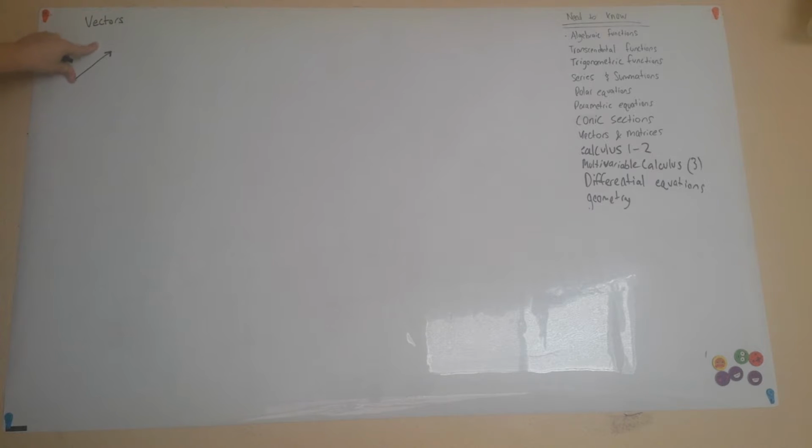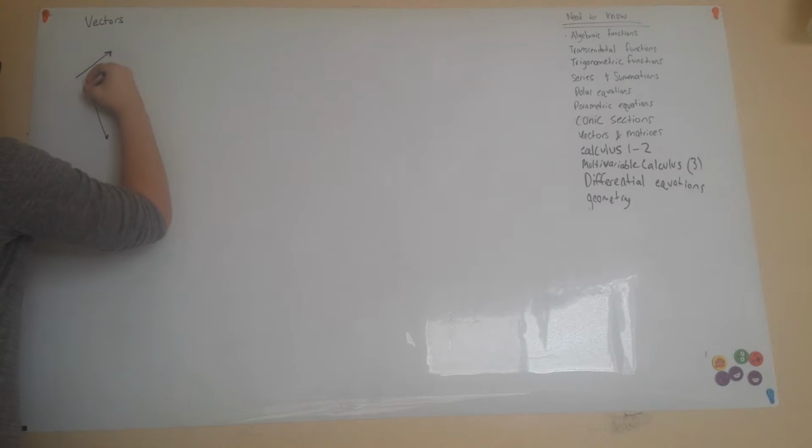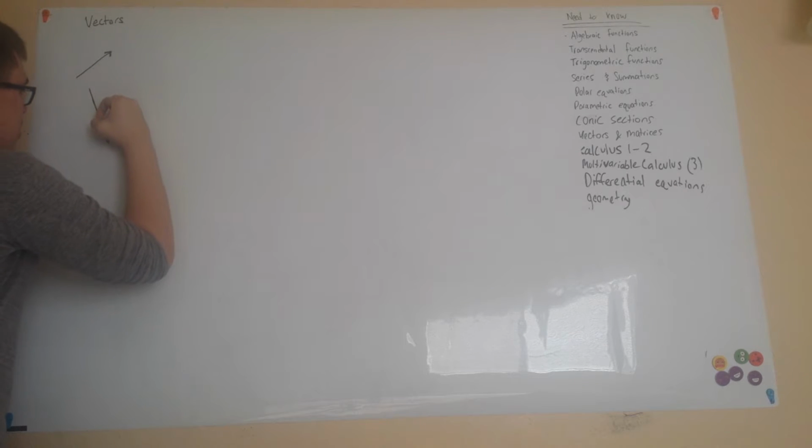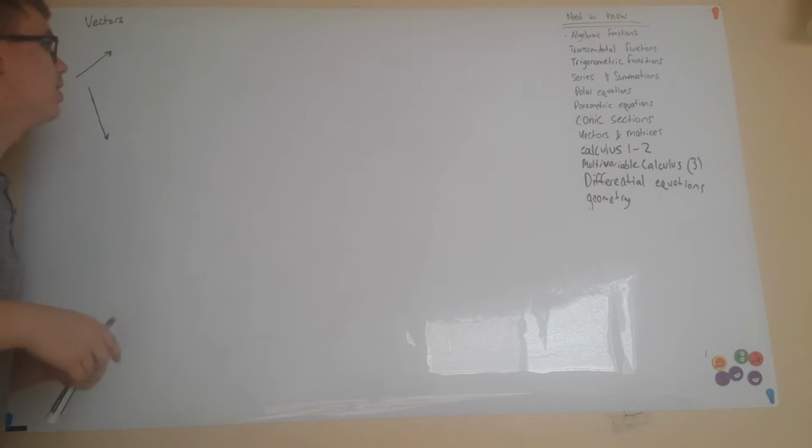So this is a vector quantity because it gives you the magnitude and then the direction. Here's an example of some bigger magnitude in a different direction. And that's another vector in a whole different direction with a different magnitude.